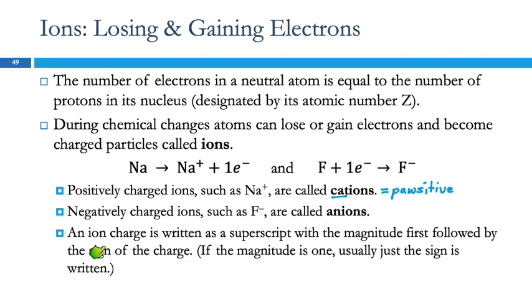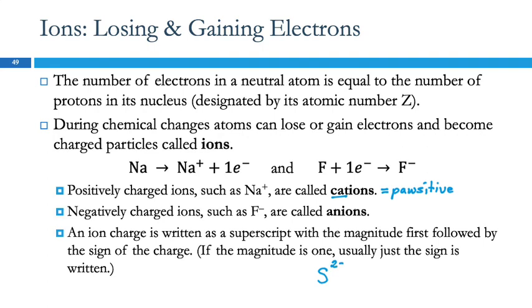The ion charge is written as a superscript, and the magnitude is written first, followed by the sign. So why do we do it like that? Well, let's just look at sulfur. Sulfur often forms an anion with a -2 charge.